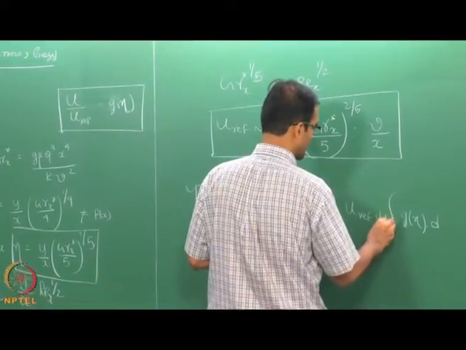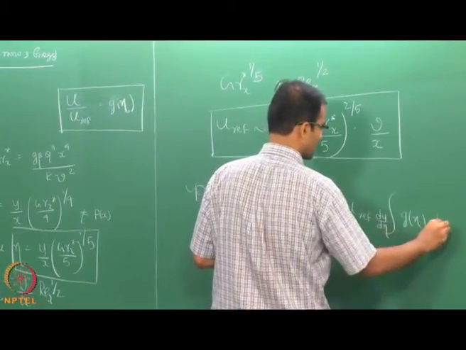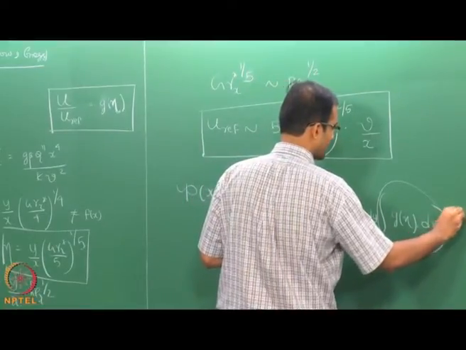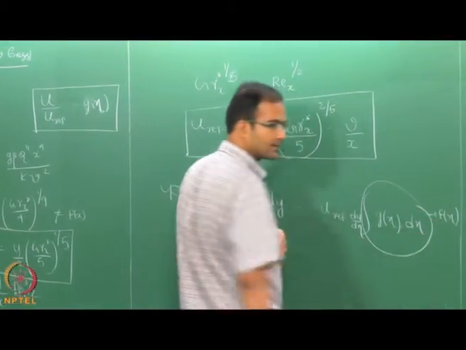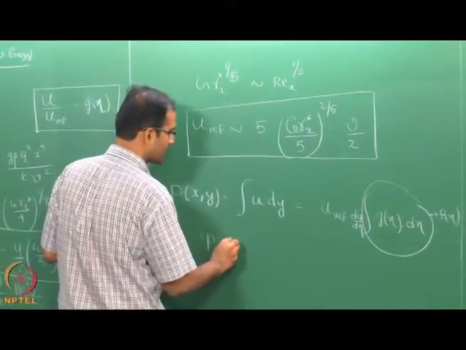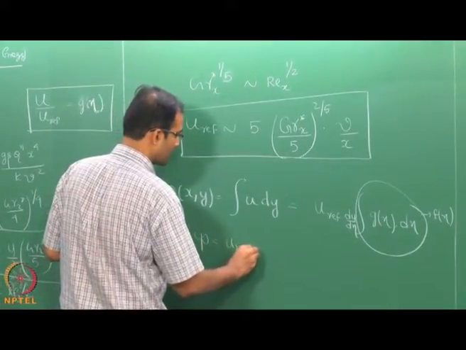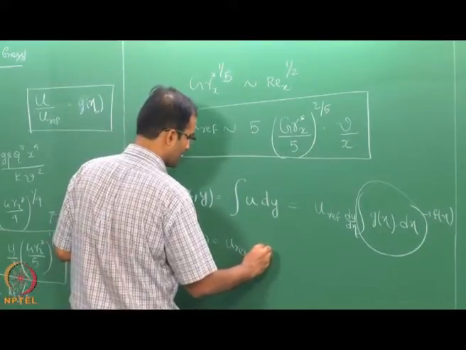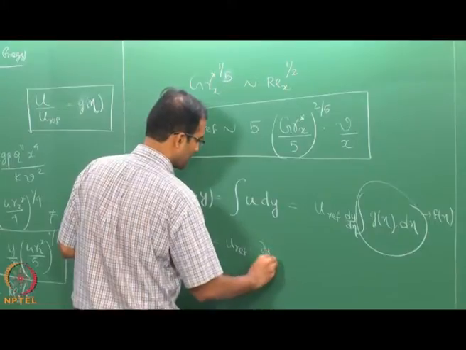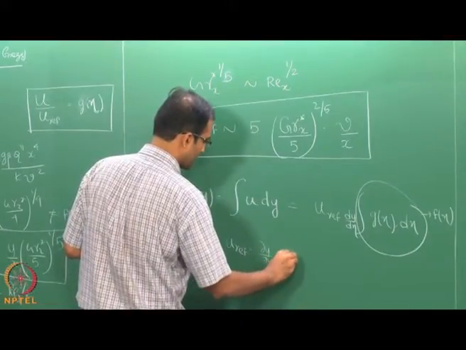We take dy by d eta out, and the integral of g of eta d eta is what you call f of eta, another function. Therefore psi is equal to u reference into dy by d eta into f of eta.